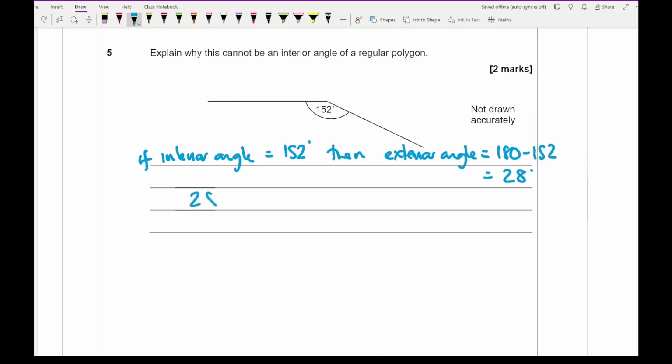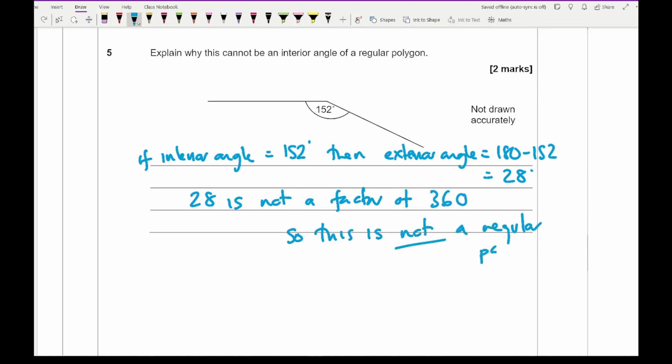Now 28 is not a factor of 360, so this is not a regular polygon.